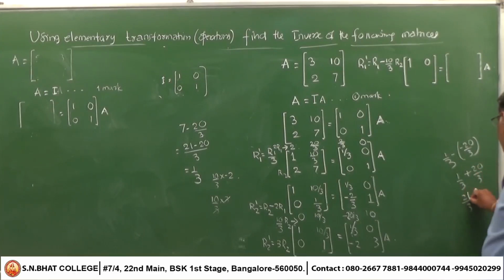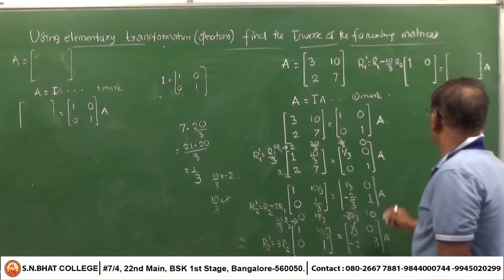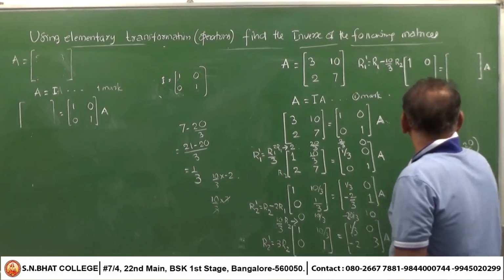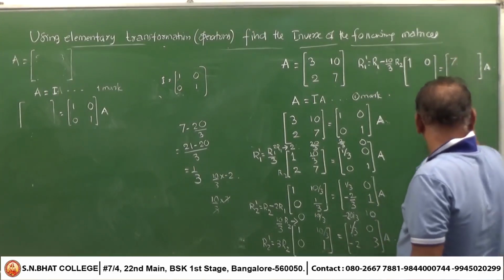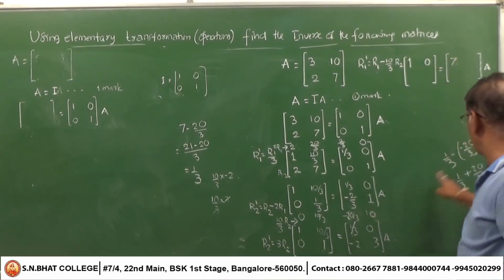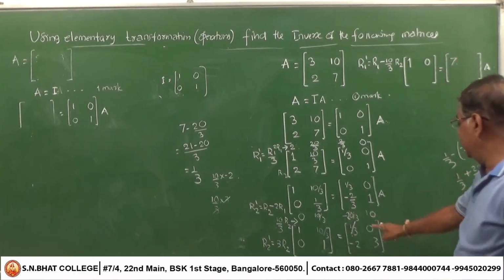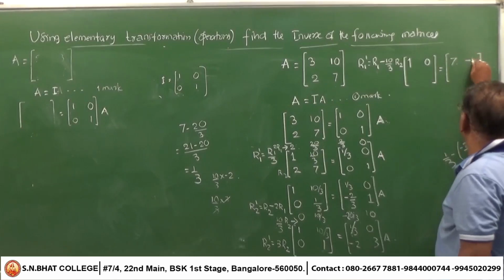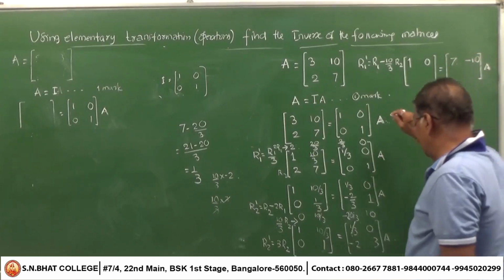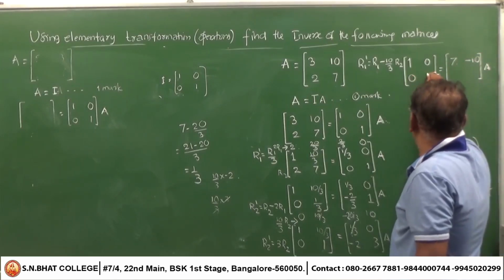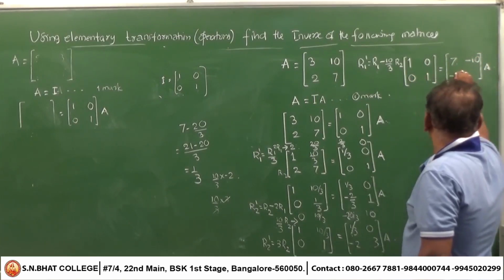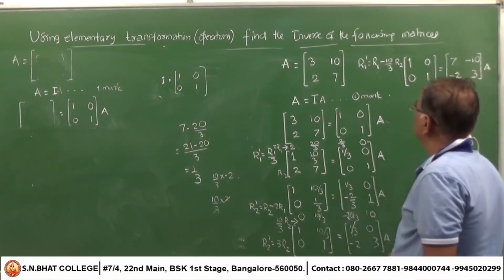LCM is 3. 20 plus 1 is 21, 21 by 3 is 7. Next, 0 minus 10 is minus 10. Write R2 as it is: 0, 1, minus 2, 3.